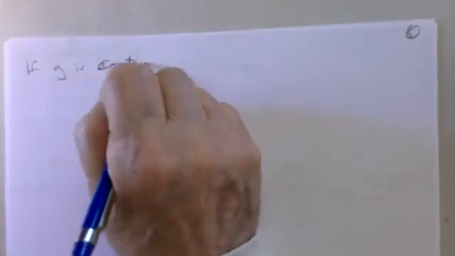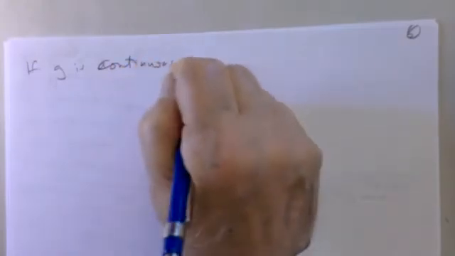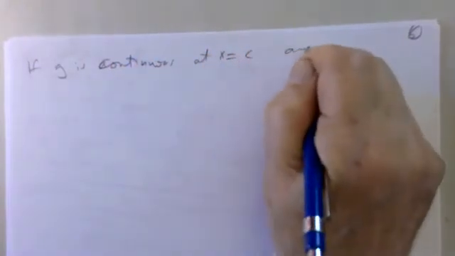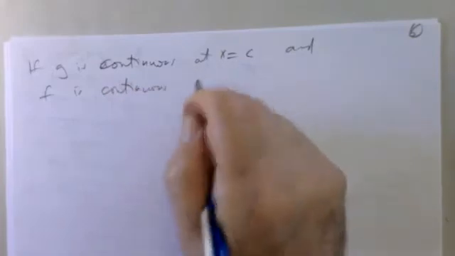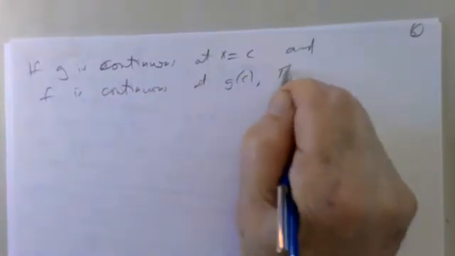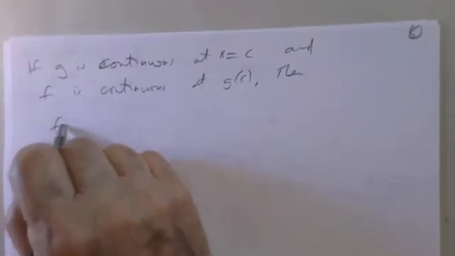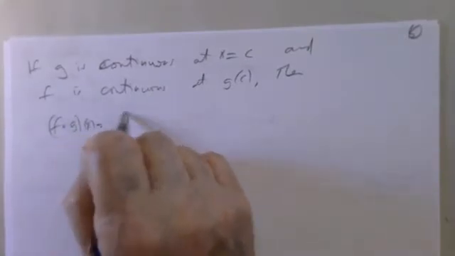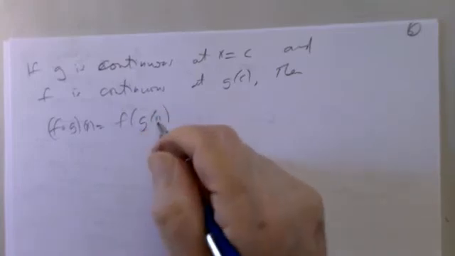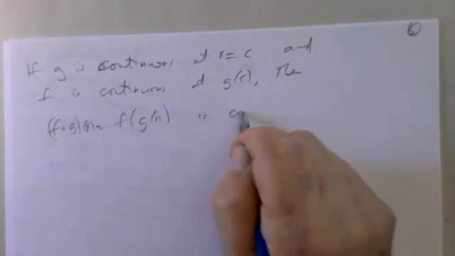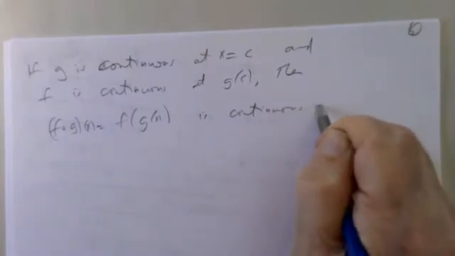So if g is a continuous function at x equals c, and f is continuous at g of c, then f composed with g of x, that's f of g of x, is also continuous at c.